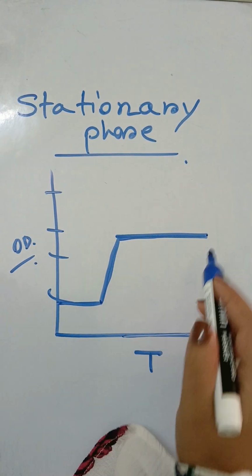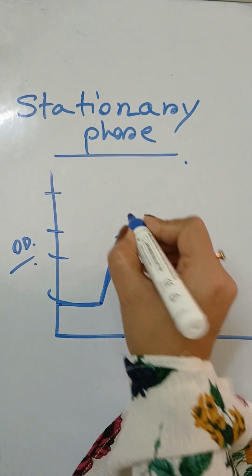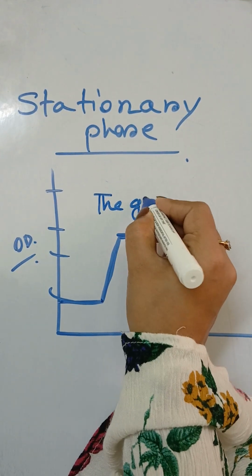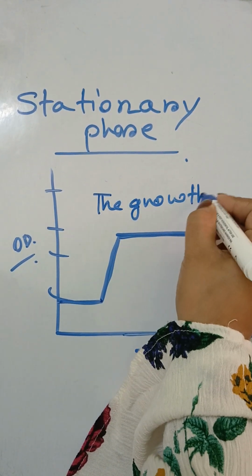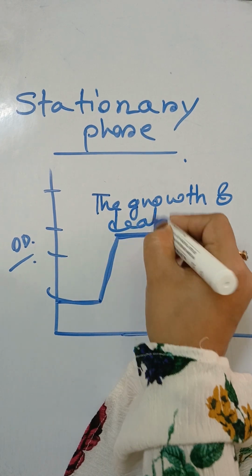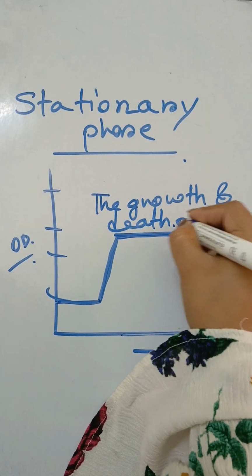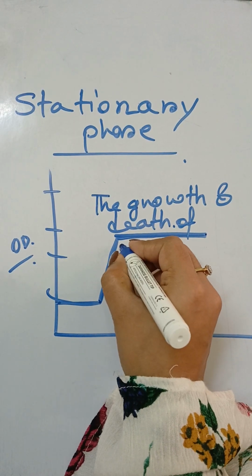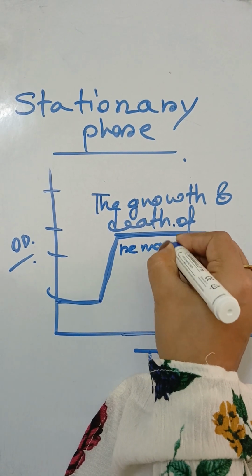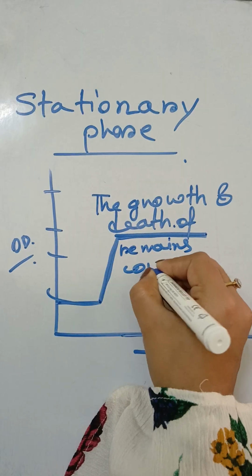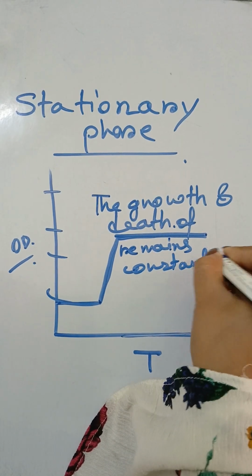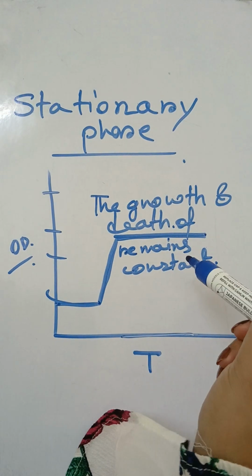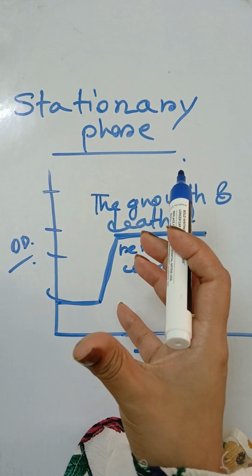This phase becomes horizontal to the x-axis, which means here the growth and death of the bacterial cell population remains constant, or there is a balance between the growth and death of the cells in a batch culture.